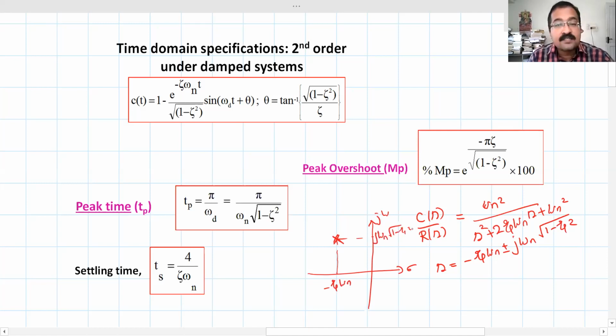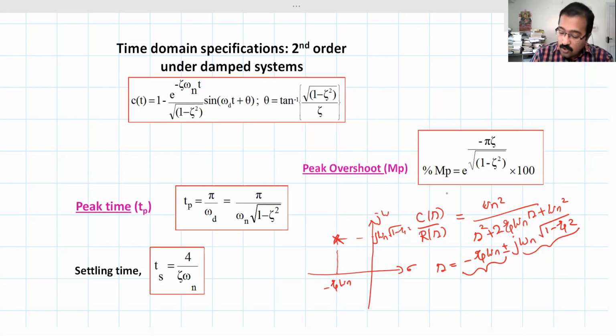From this we have defined the peak time. Peak time was pi by omega n into root of 1 minus zeta square. That means pi divided by the imaginary part of the pole will give you the peak time. The settling time was given by 4 by zeta omega n. What is zeta omega n? The real part of the complex pole. So 4 by zeta omega n was our settling time for the 2% criterion. And what was the overshoot?